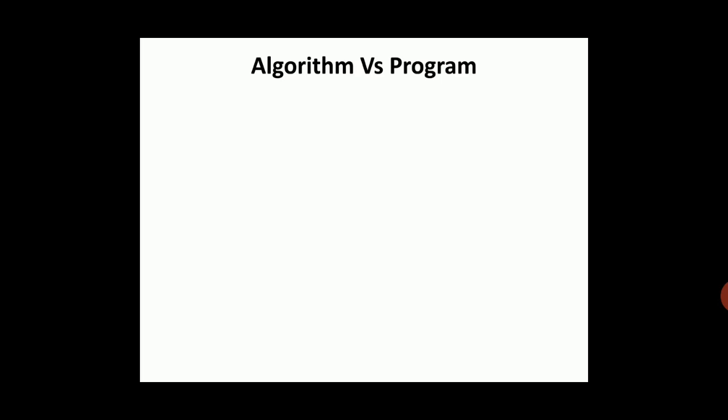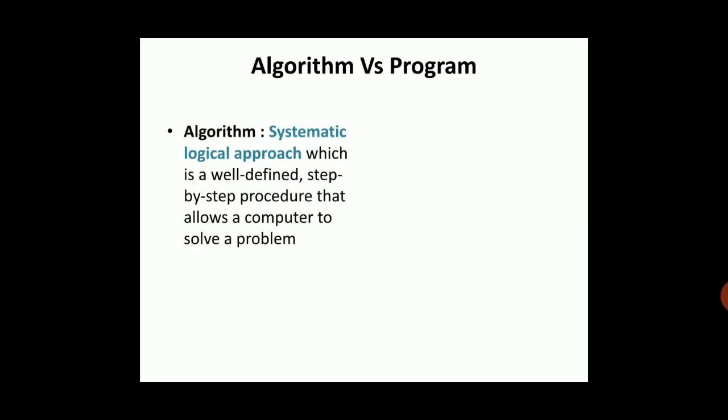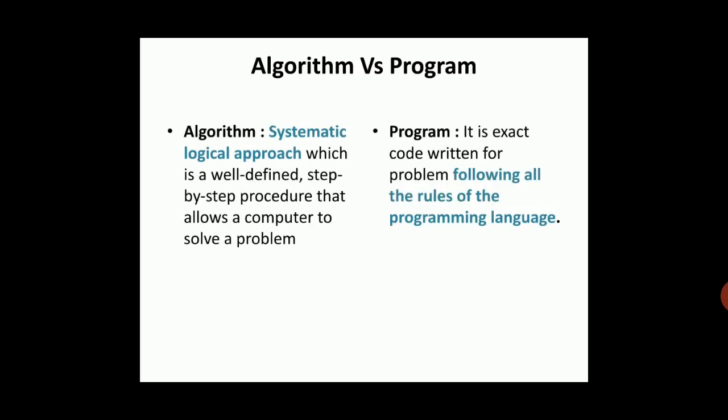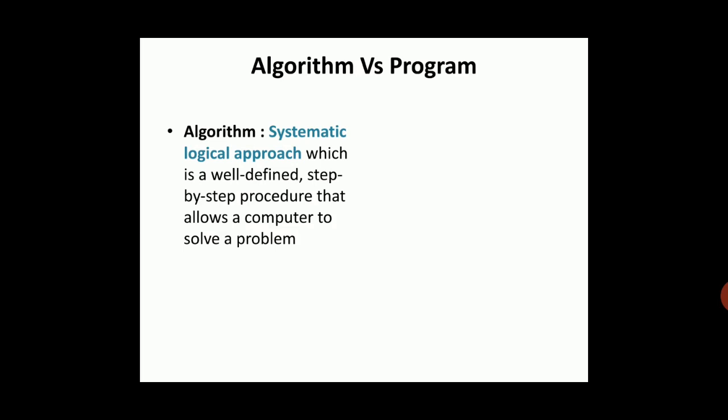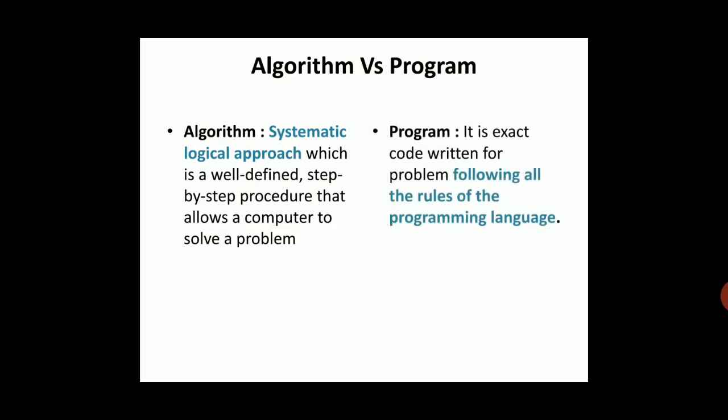And next we discuss what the difference is between an algorithm and a program. So what is an algorithm? We know it is a systematic logical approach, a well-defined step-by-step procedure that allows computers to solve a problem. That is called an algorithm.